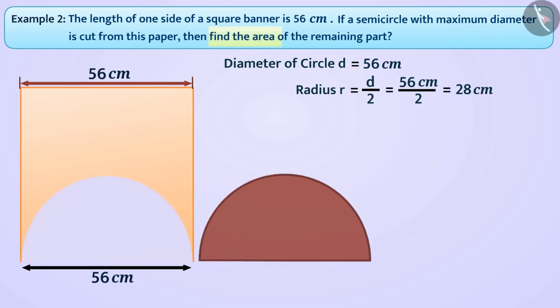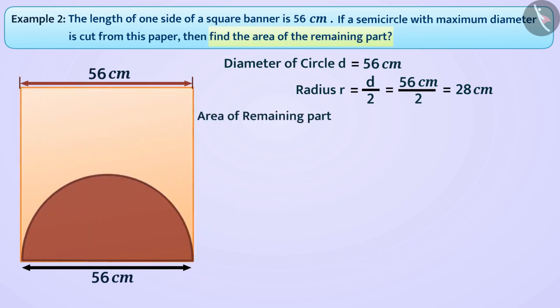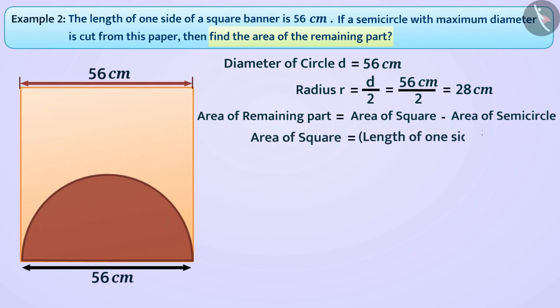We have to find the area of the remaining part of the square paper except the area of the cut semicircle. We can get this by subtracting the area of the semicircle from the area of the square. Here, the area of a square is the length of one side squared, which is equal to 3136 square centimeter.